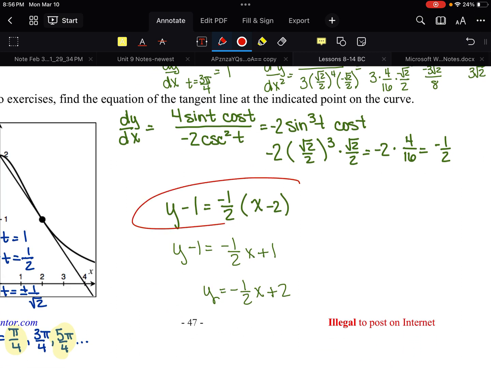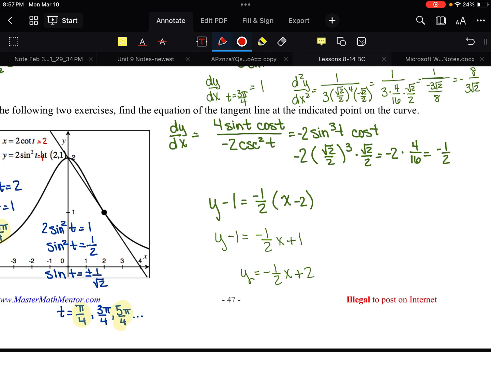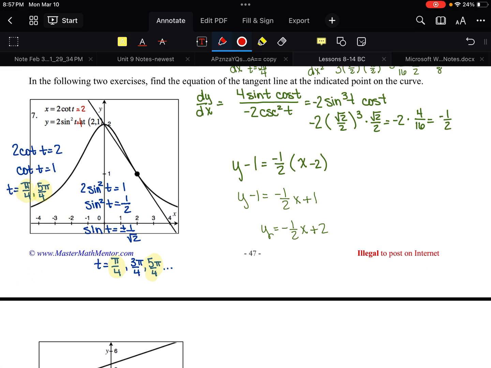So that's an equation in point slope form that would be completely acceptable. That one wasn't real hard to solve for y, so I did a couple different versions in the answer key. But that was on the graph, when they give you the point, that kind of makes it easier.